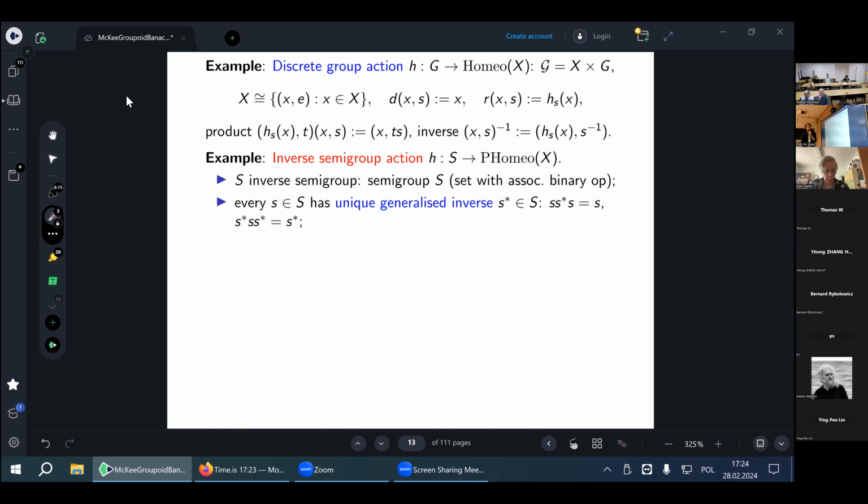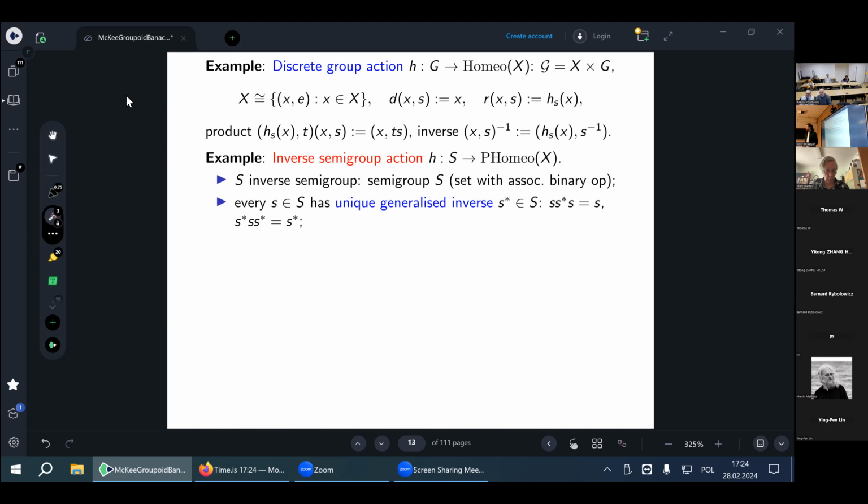Two comments here. Of course, a group G is an inverse semigroup, and the generalized inverse is the actual inverse. And secondly, these two equations, if you think of operator theory, should make you think of partial isometries. A partial isometry in Hilbert space is something satisfying these two things.